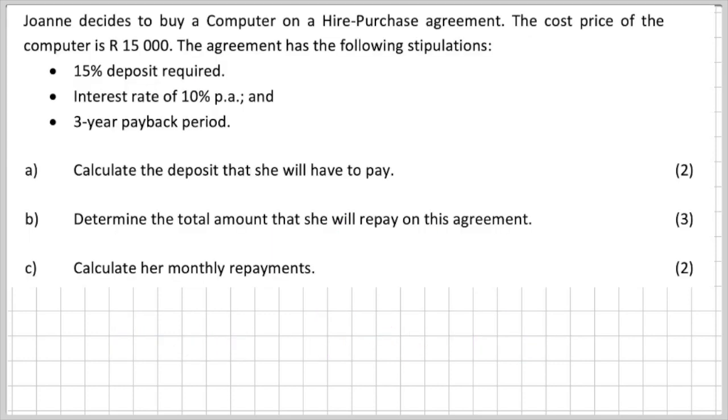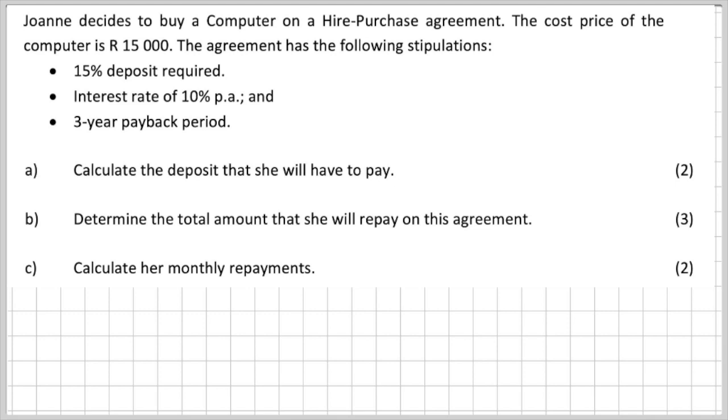What is hire purchase? Let's use an example to explain hire purchase. Joanne decides to buy a computer on a hire purchase agreement. The cost price of the computer is 15,000 Rand. The agreement has the following stipulations: 15% deposit required, an interest rate of 10% per annum, and a 3-year payback period.